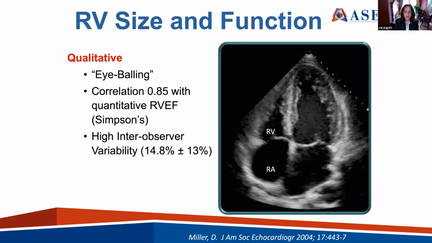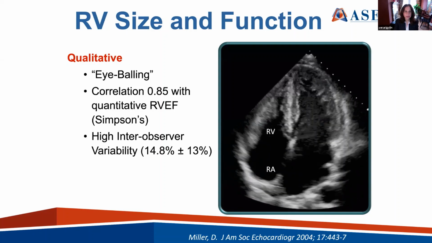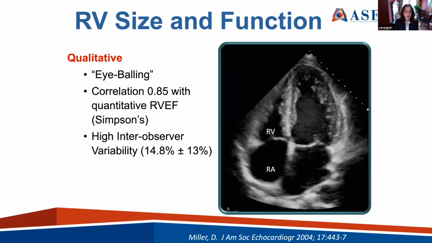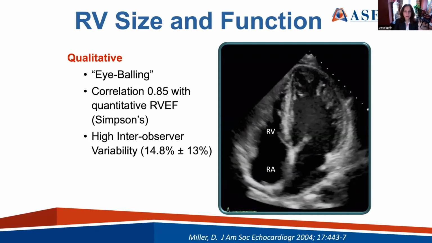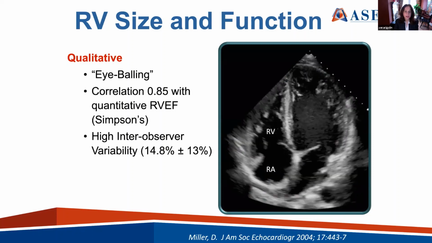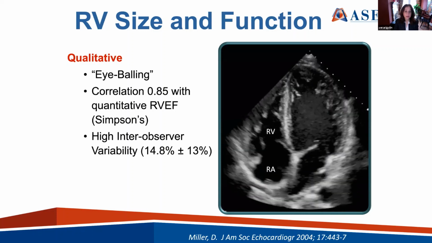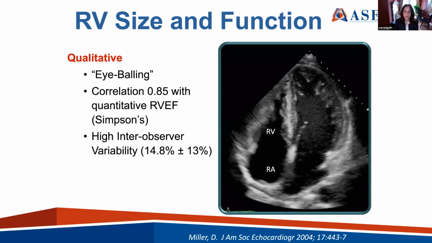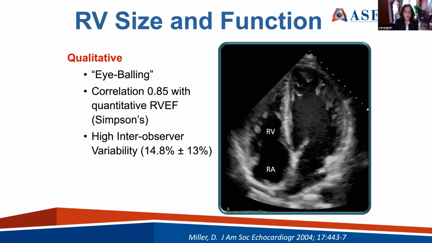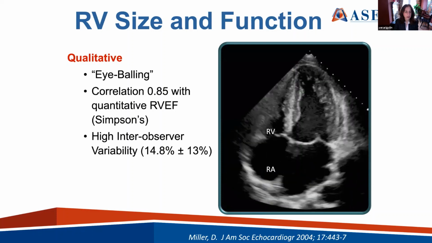So let's look at some examples of these different quantitative parameters. First is the eyeball method. It actually has a fairly good correlation, about 85%, with quantitative RV ejection fraction measurements using Simpson's calculations.